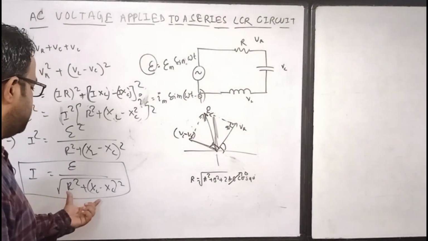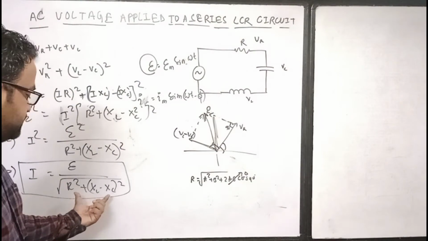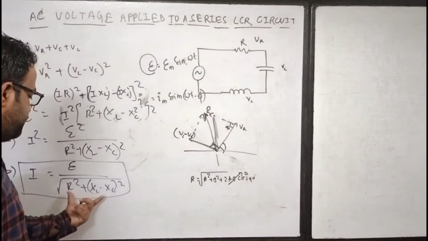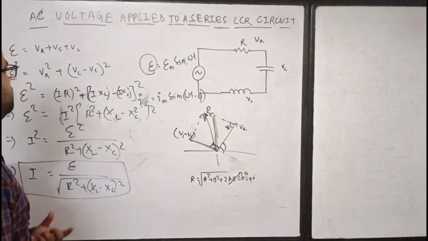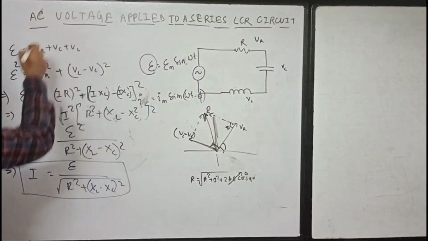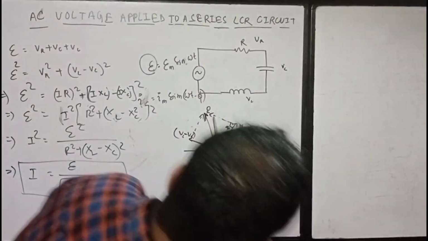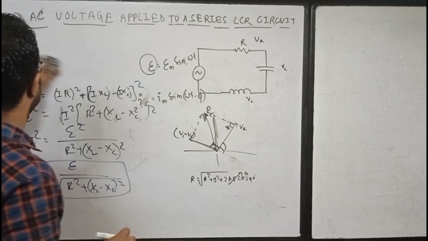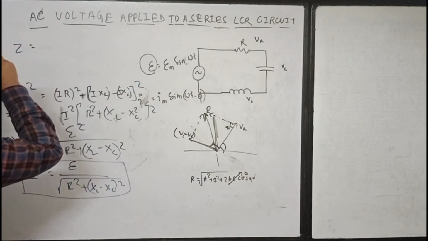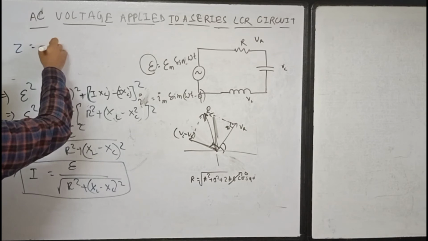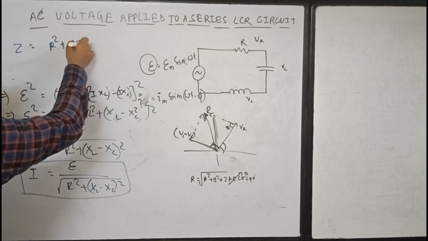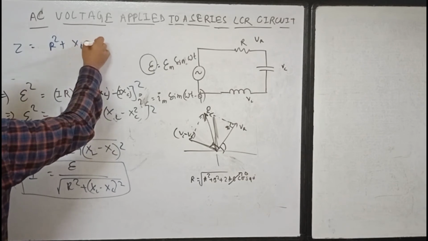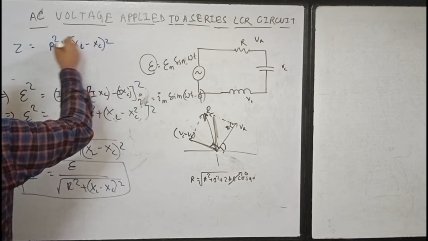So you can use a new term, which is called impedance. The denominator here is called impedance and is written as Z. So Z is equal to the square root of R square plus XL minus XC whole square.